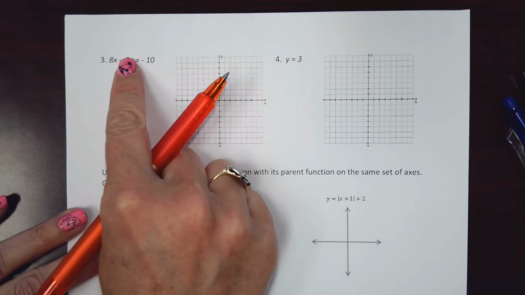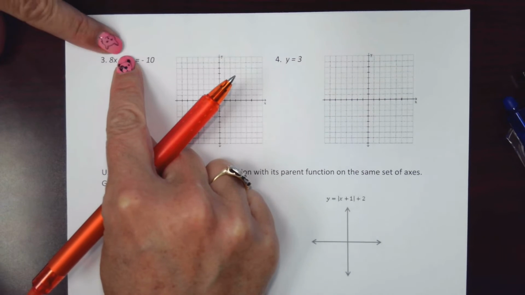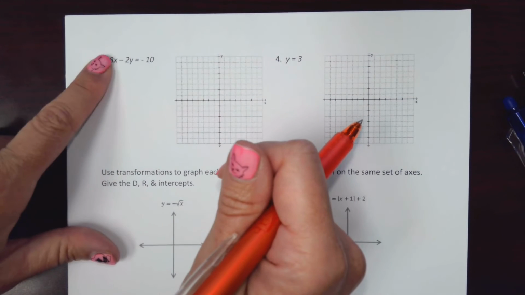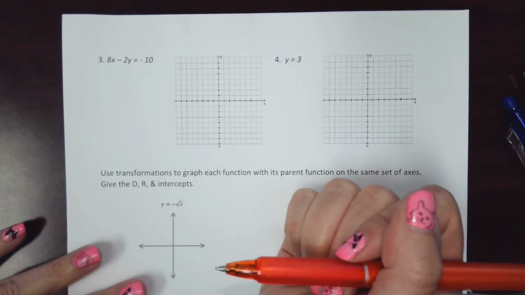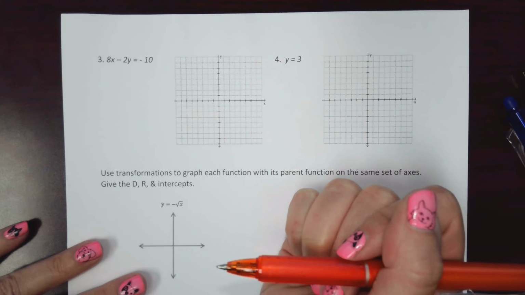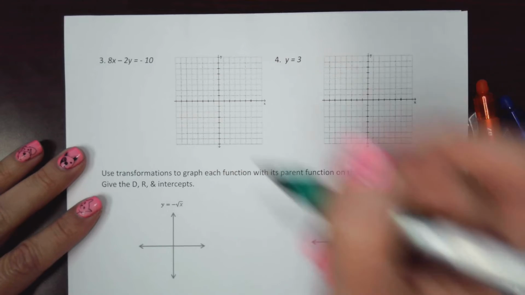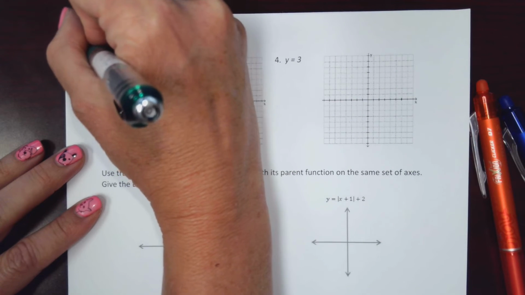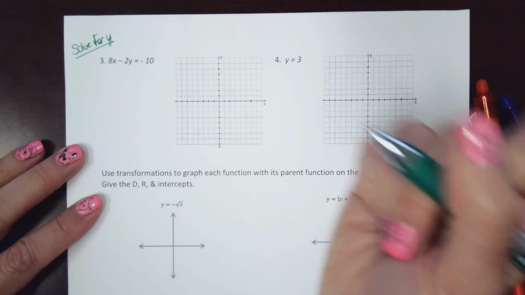Plug in 0 for y, that one's not going to work nicely, right? If I plug in 0 for y, negative 10 divided by 8 is not pretty. But if I plug in 0 for x, I can get my y-intercept pretty nicely there. That's going to be a nice integer value. But let's go ahead and just put it in slope-intercept form, and we'll choose to solve for y to get it in slope-intercept form.